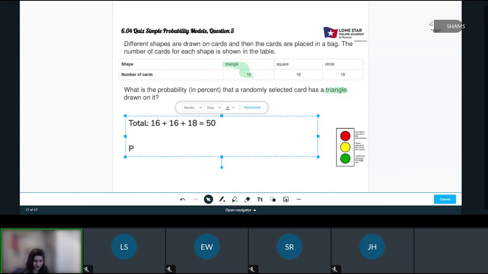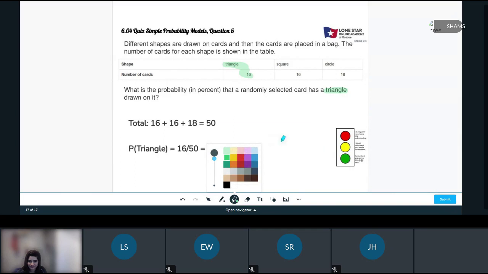The probability of triangle cards is 16 out of 50. If you double that, you get 32 out of 100. That is also 32%. There you go, Lily. Excellent, so the answer is 32%. And that is the entire quiz.